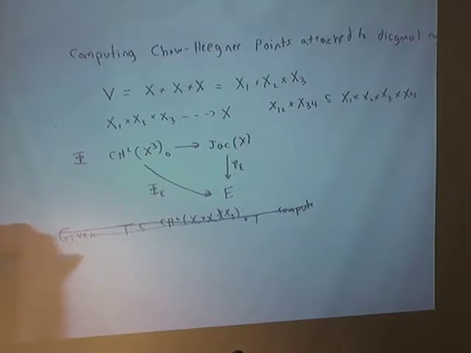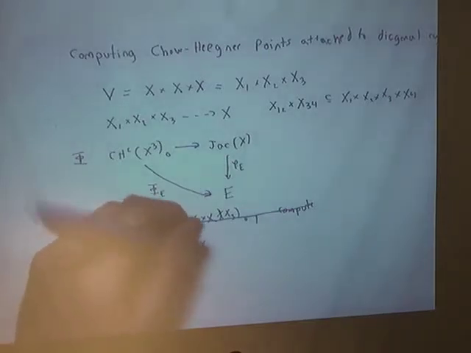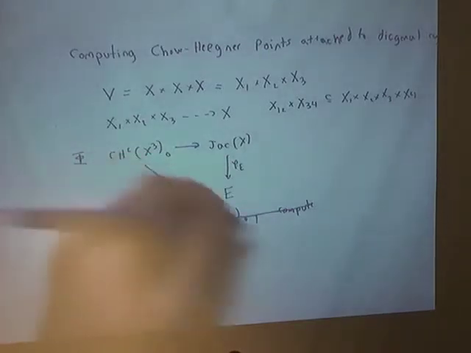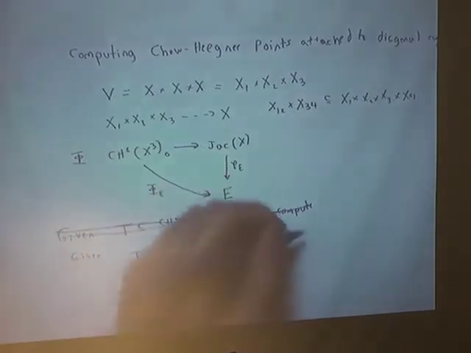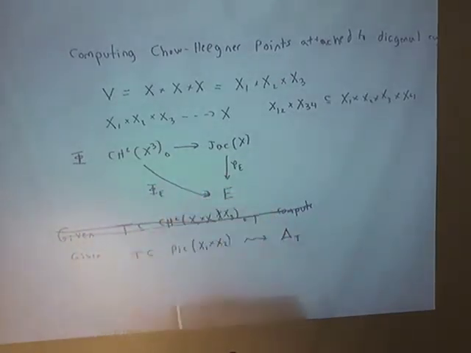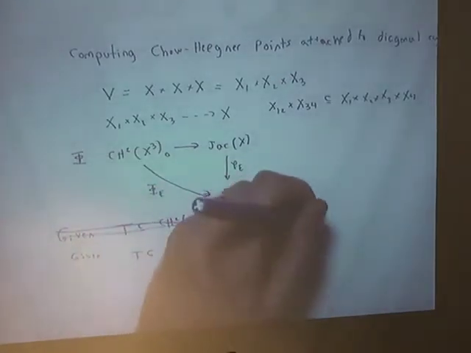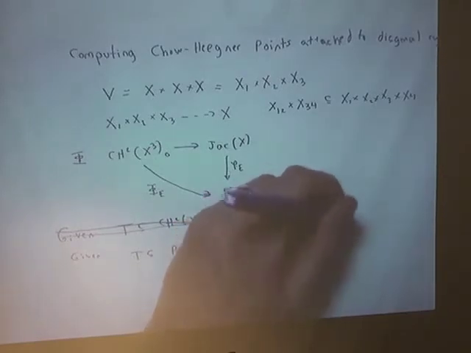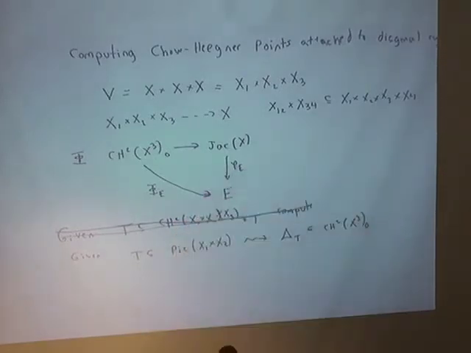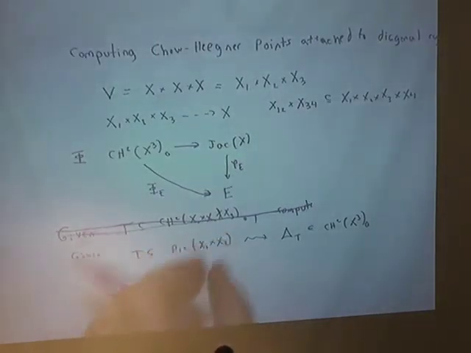So Victor explained how given an element T in the Picard group of X1 cross X2, one can produce a null homologous algebraic cycle, which I'll call delta T, in the Chow group of codimension 2 cycles on X cubed, by taking some kind of fiber product of the graph of T and X3 via some projection.